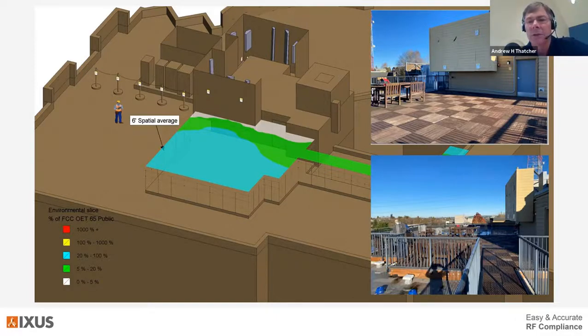In this case, I've done the spatially averaged because that's what usually runs into problems. You can see here in the green, that's less than 20% of a public limit. The blue here is anywhere from 20 to 100% of the limit, but not over the limit. And then we'll go into some other details of this. Next slide.